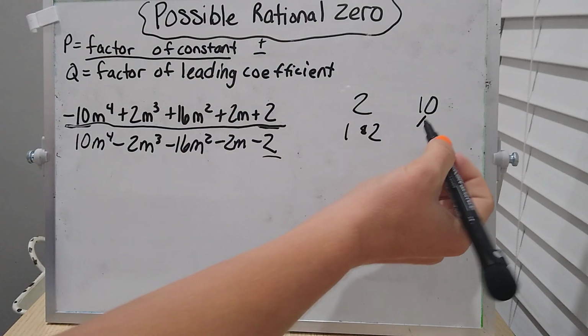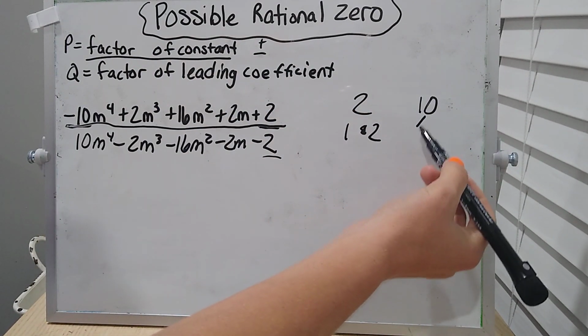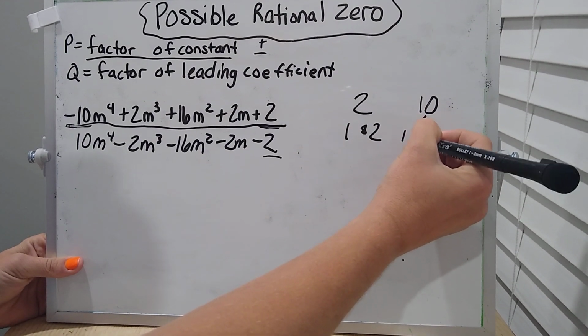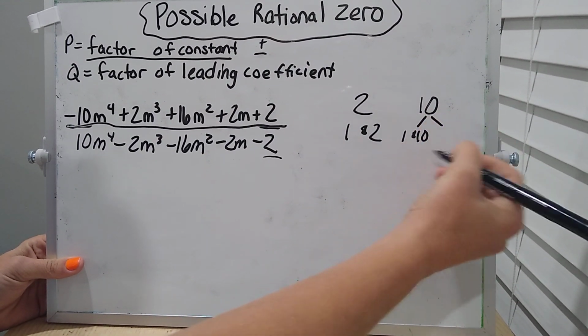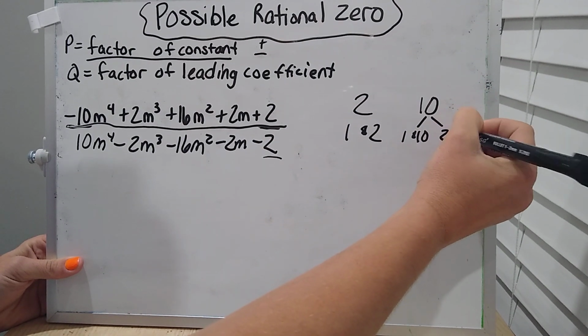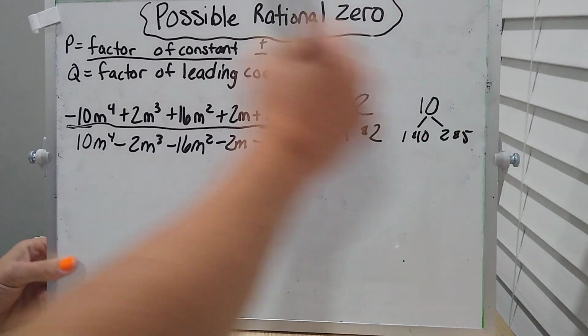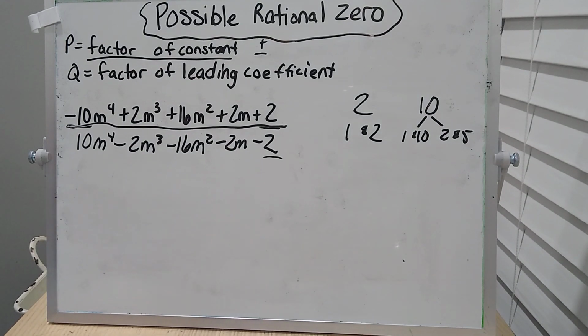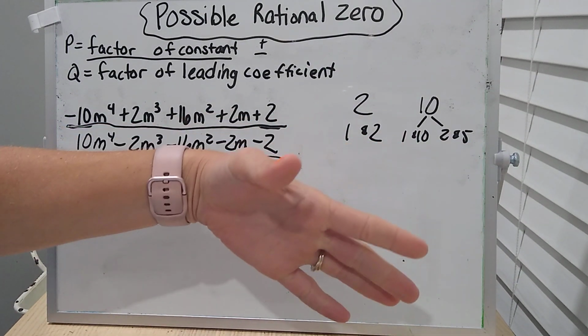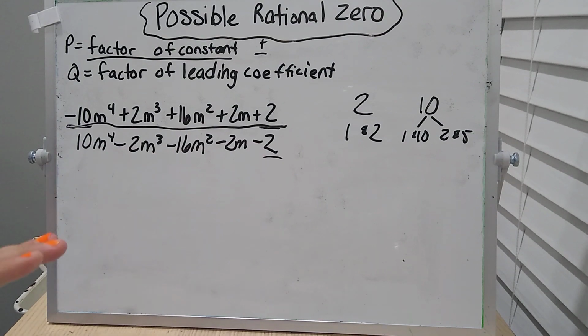By that, what I mean is 1 times what equals 10? 10. So we've got factors of 1 and 10. Now let's do 2. 2 times what equals 10? 5. So 2 and 5 are factors of 10. 3, there's no whole number. 4, no whole number multiplies to equal 10. 5, now we're back to what we've already used, so we're repeating ourselves, so we know we're done.